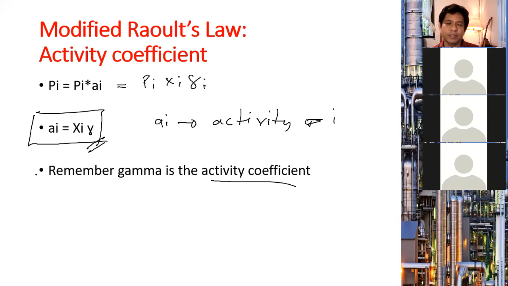Do you have any question regarding modified Raoult's law, or this activity concept? Nadagdagan lang tayo ng isang correction factor. Kasi nga, sabi ko sa inyo kanina, ang Raoult's law, limiting law. Totoo siya if X sub A approaches 1. Yung Henry's law naman, pag mababa ang X sub A, if X sub A approaches 0.